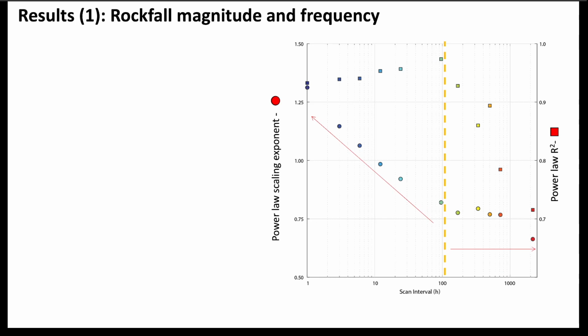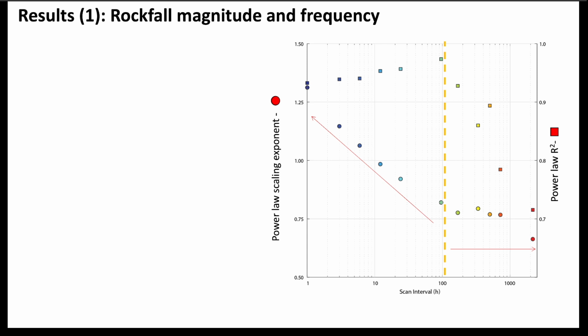So your power law form changes. But interestingly, for scan intervals longer than 100 hours, it makes no difference. You could go back every 4 days, every 4 weeks, or every 4 months, and you would get the same magnitude frequency distribution. This gives us an insight into the optimum frequency if we want to understand the magnitude frequency relationship for any individual location.